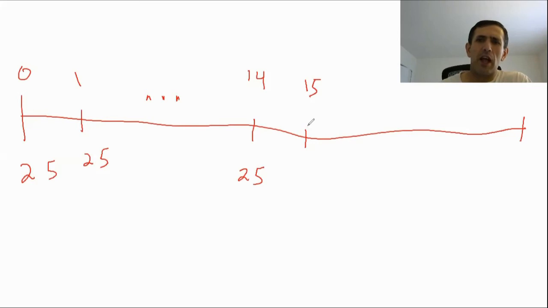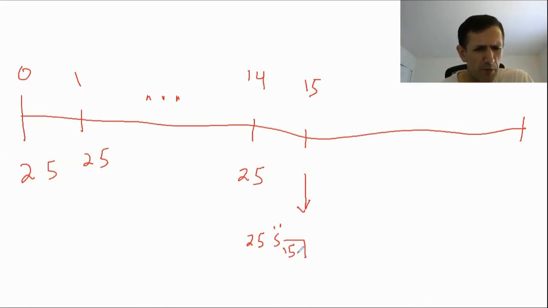So at the end of the 15th year, the accumulated value is just plug and chug into a formula: 25 S double dot 15 at 3%, so 0.03. And then this quantity accrues 5 years of interest, because this amount sits in the account for 5 years.